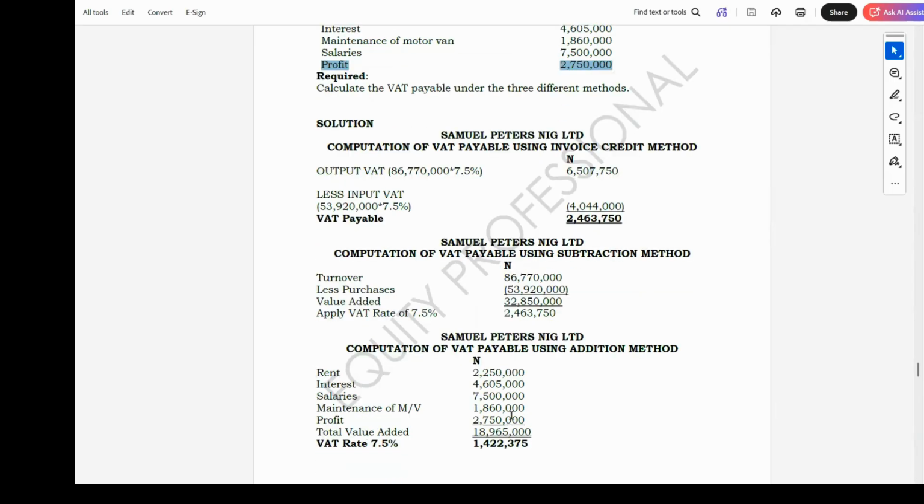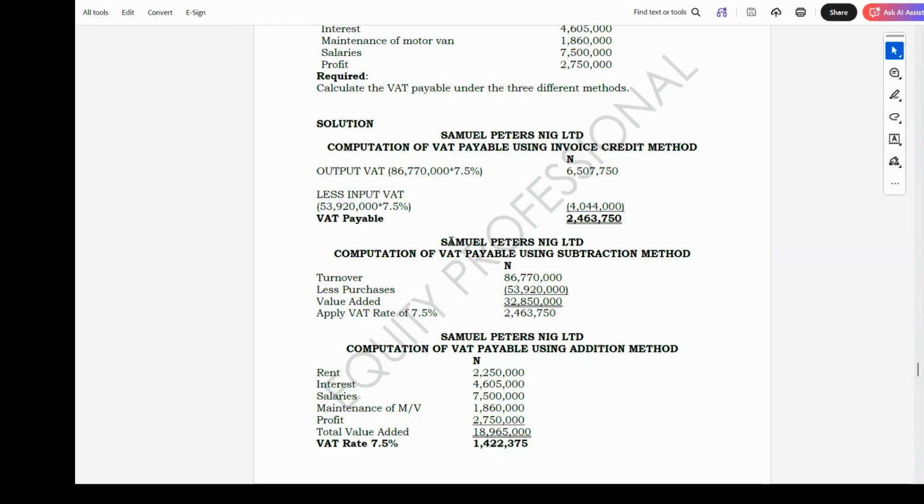The addition of all these rewards together will give you what is called the total value added. After getting the total value added, we now apply the VAT rate. We know that the rate of VAT in Nigeria is 7.5%. We apply 7.5% on that amount, and that will give us the value added tax. So please, as I told you, these two methods, subtraction and addition, are not adopted in Nigeria.